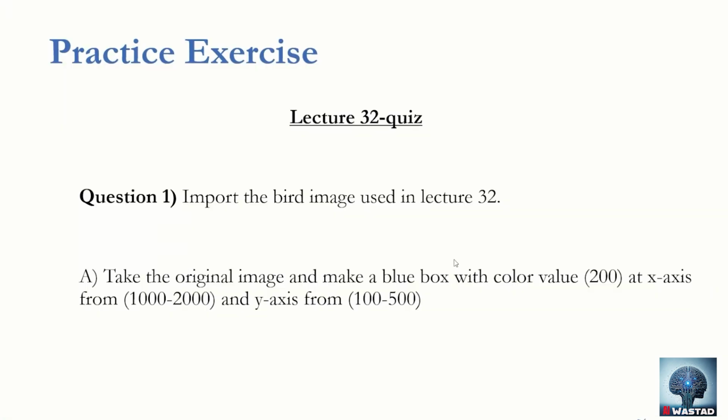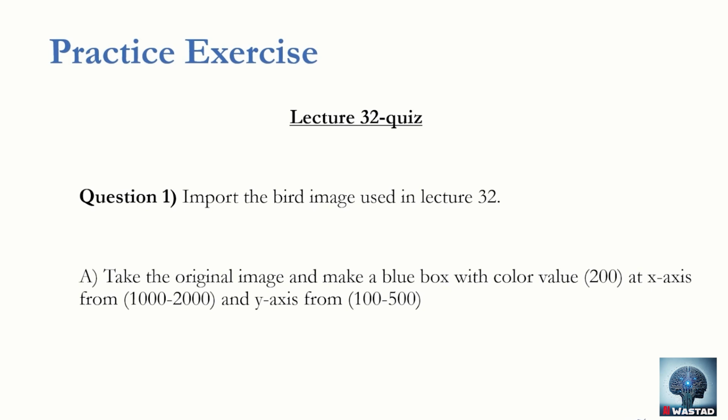So I have another quiz for you guys to help you learn better. We have started learning how to play with images, right? So here's your task. Import that bird image that Kashif used in this lecture 32. You can get that image from the link that contains all the documents given at the start of the course.